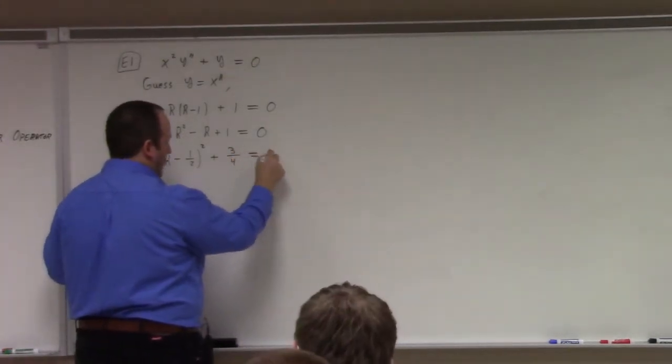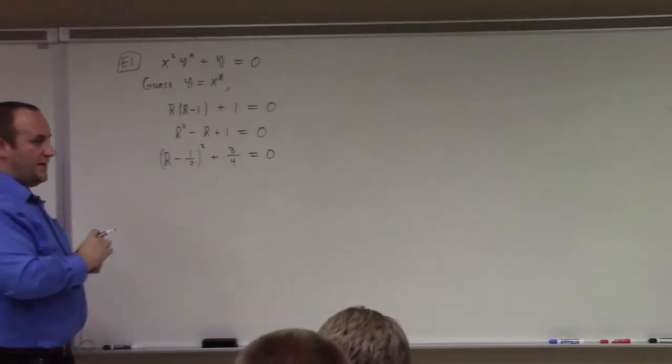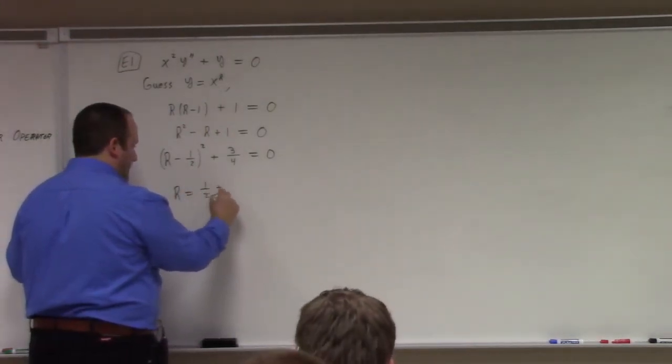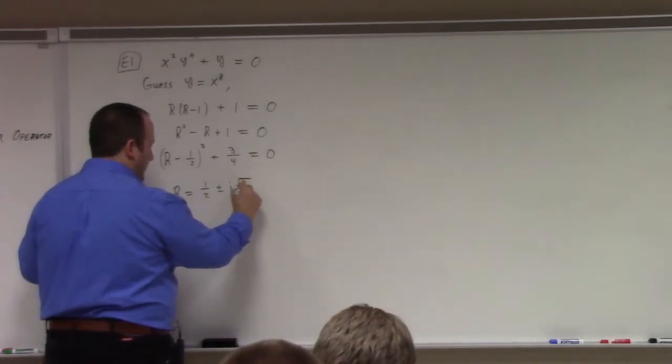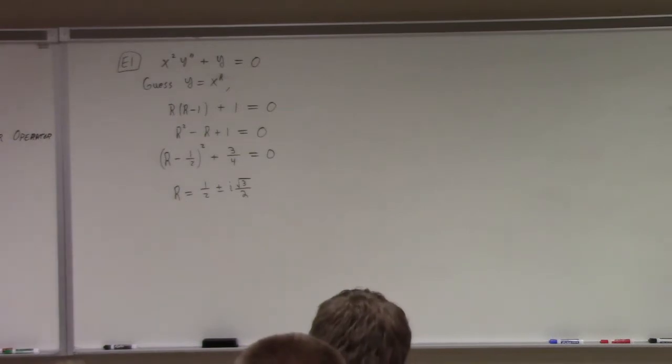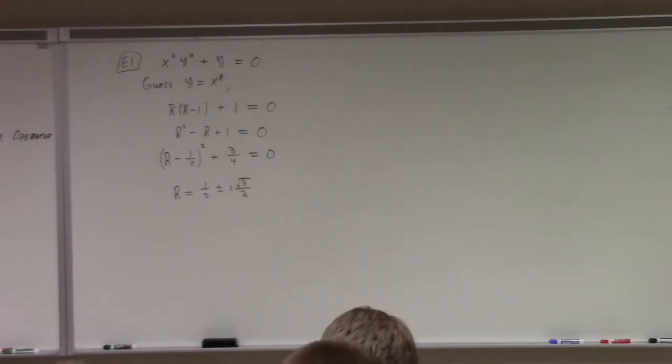Yeah. So this is a complex case, actually. r is equal to 1/2 plus or minus i times the square root of 3 over 2. What do we mean by x to the r when r is complex?